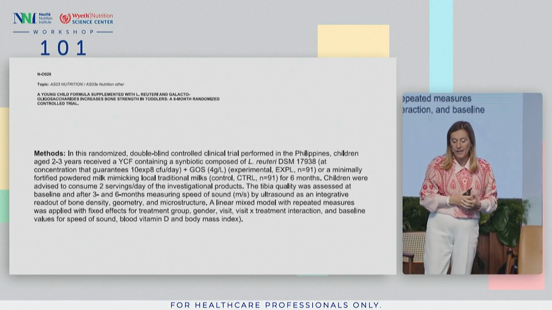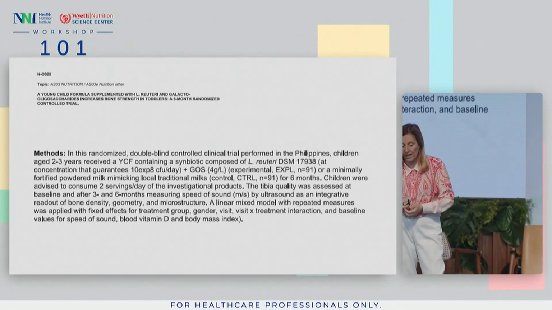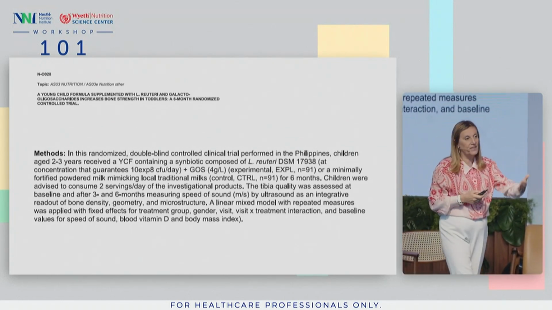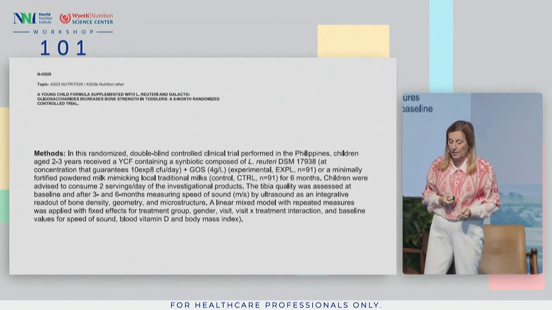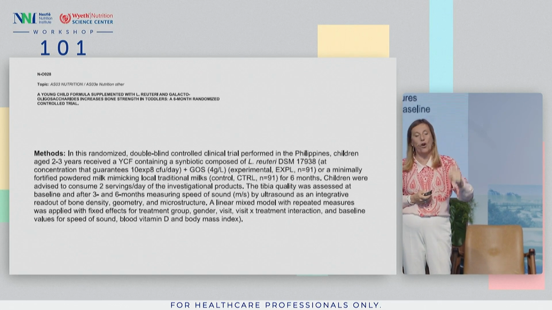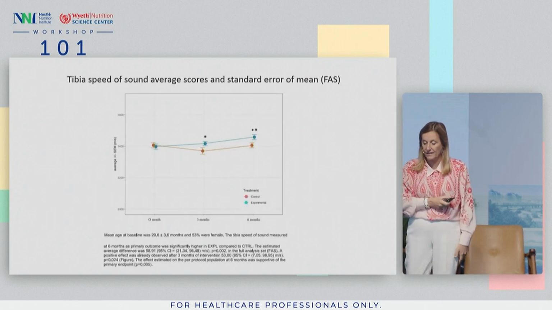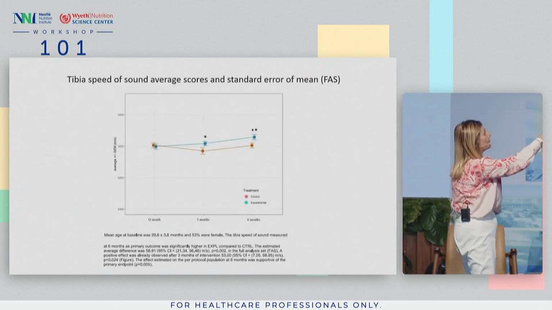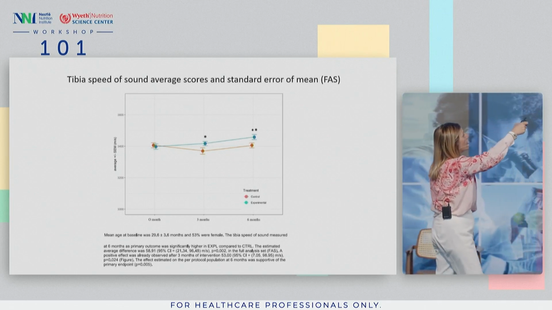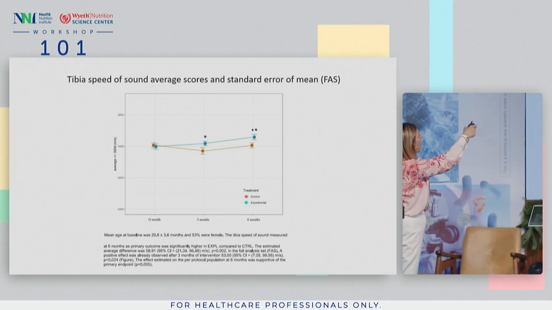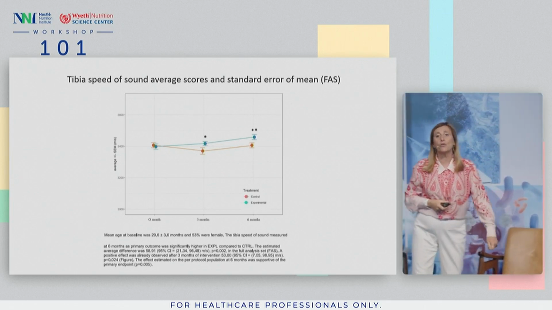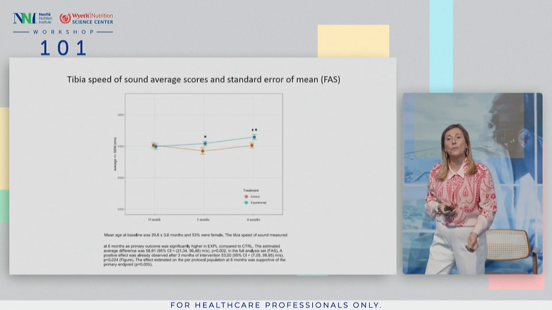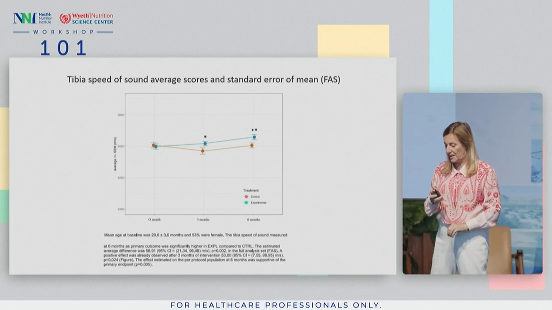These children were consuming this product, and they were checked for the effect on the bone. And so these are the results. The tibia speed of sound average is better, with more thickness, in the children who were receiving this specific formula with the synbiotic.